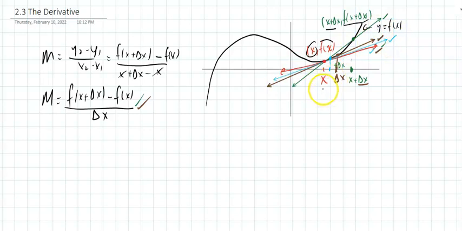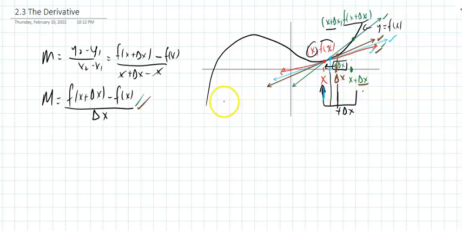Now, I had an x, I added some delta x, then I cut delta x in half, then I cut delta x in half. Do you see that I'm trying to shrink this back to x?